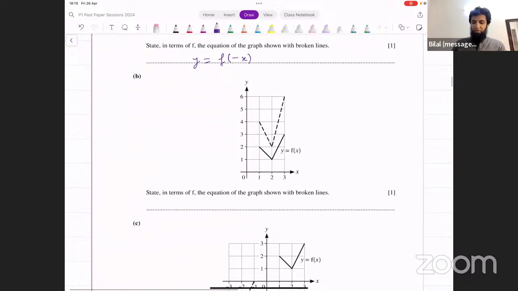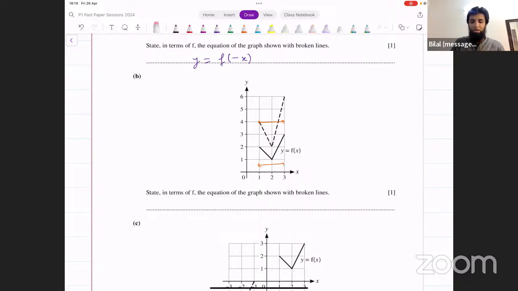Now, what about the second one? You see, the shape of the graph is changing. That only happens in stretch, right? Because in reflection and translation, the size and shape of the figure remain exactly the same as before. So this, of course, has to be a stretch. In which direction? Horizontally, you can see the graph was 2 units wide, and after transformation as well, it's 2 units wide.